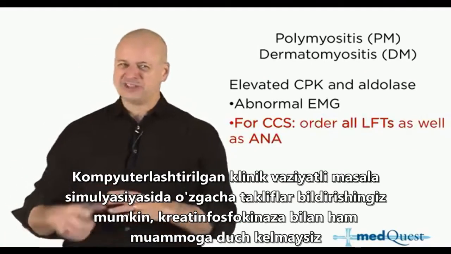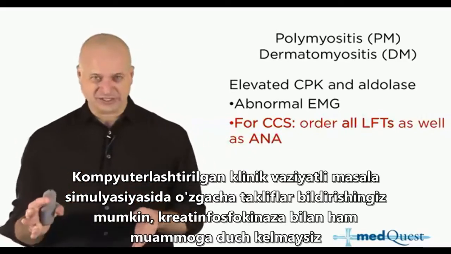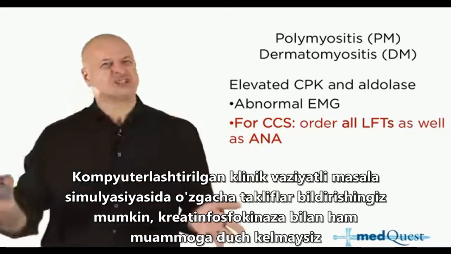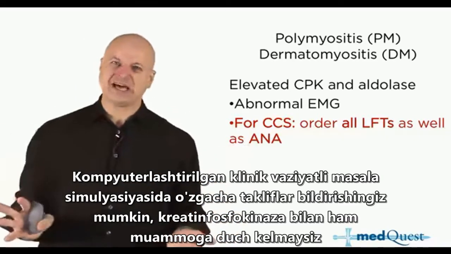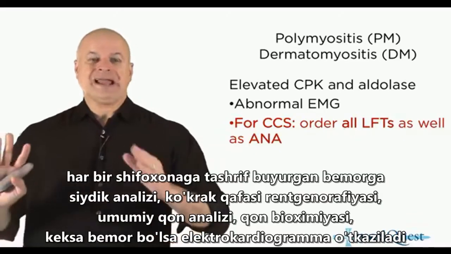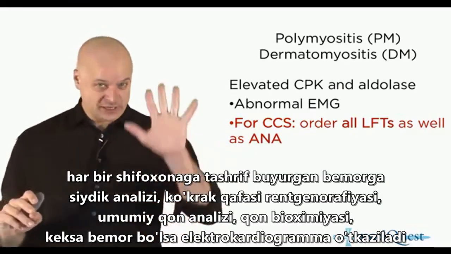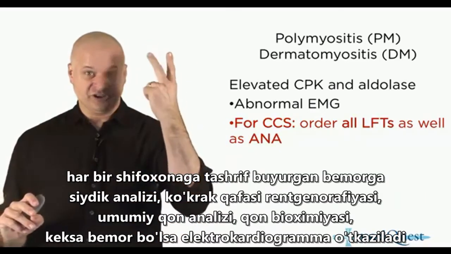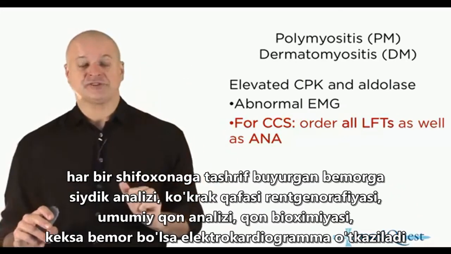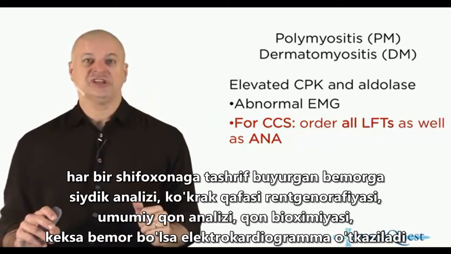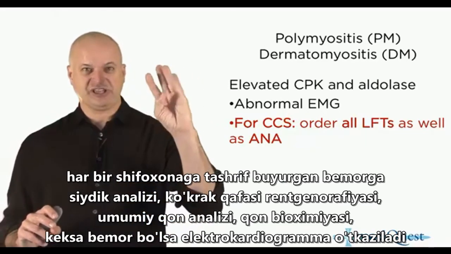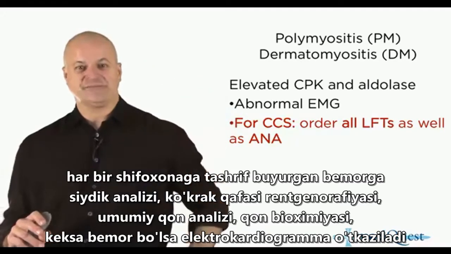Now, one of the things about computerized clinical case simulations is that you can order extra. That's one of the great things about it. It's like life. You're never going to get in trouble on CCS by getting, for every admission to a hospital, urinalysis, chest x-ray, CBC, chemistries, and if you're over 40, the older patients, an EKG.